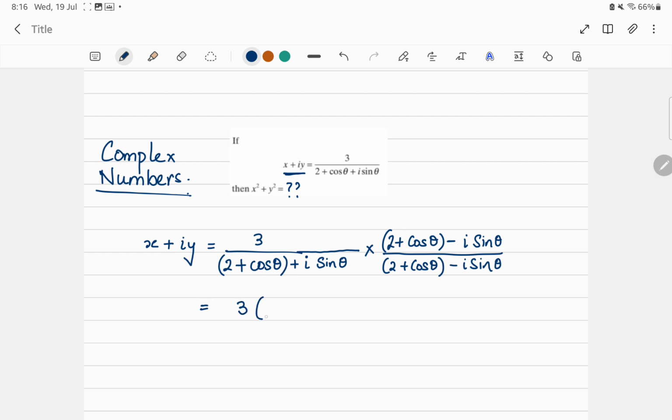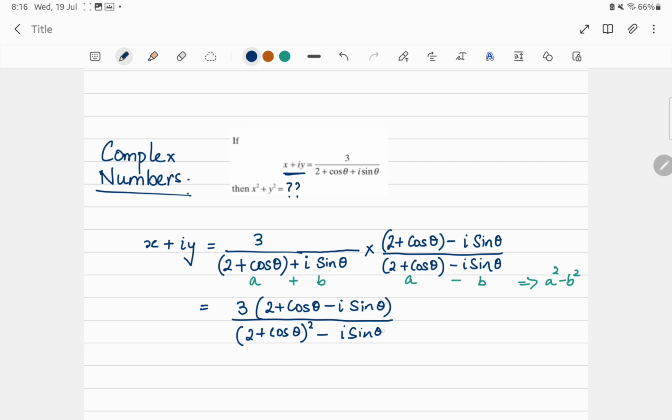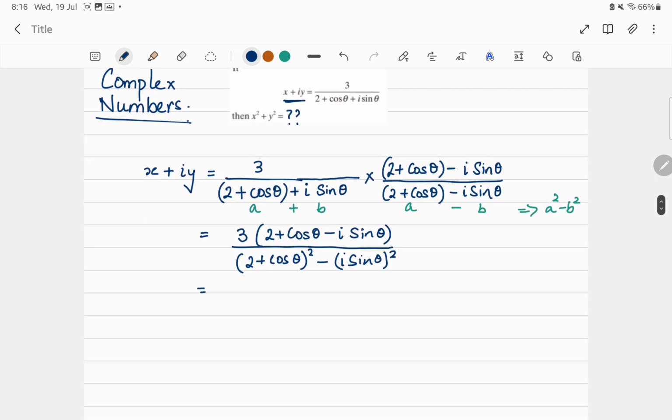So we get 3 bracket (2 + cos θ − i sin θ), and in the denominator we have (a + b)(a − b), so that will become a² − b², right? So that will become (2 + cos θ)² − (i sin θ)². Okay, now let's see what we get.